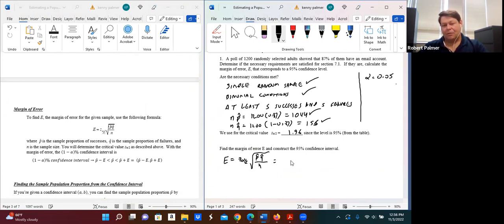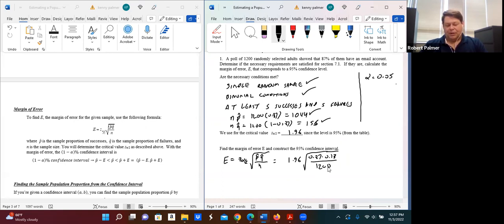If we plug all these in, we have 1.96 times the square root of 0.87 times 0.13, remember q hat is 0.13, divided by 1200. Here's where we use a calculator, like a scientific or graphing calculator, to help you out.